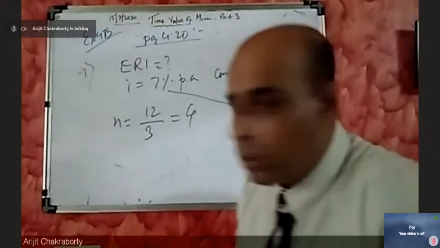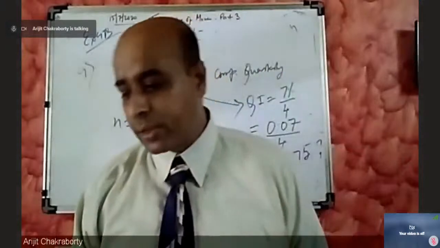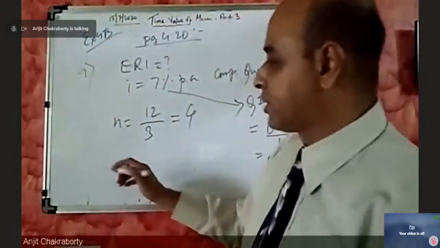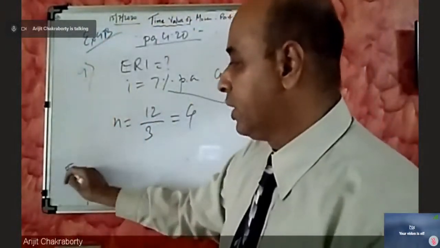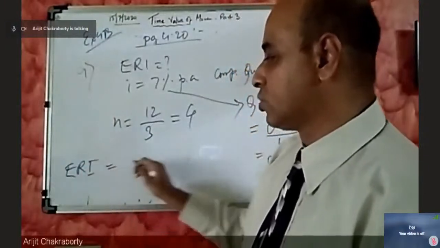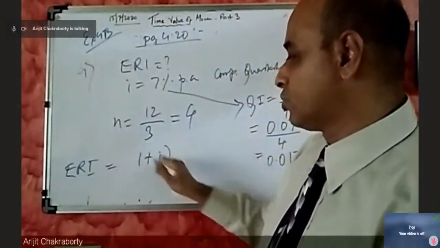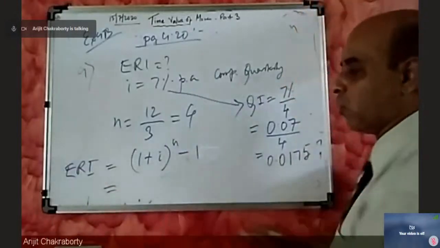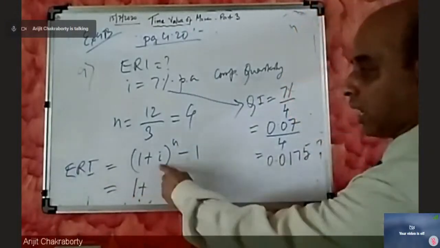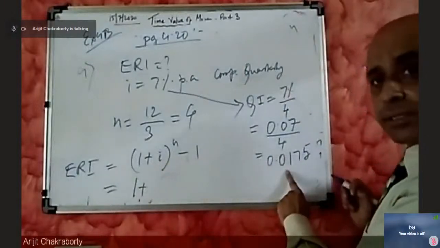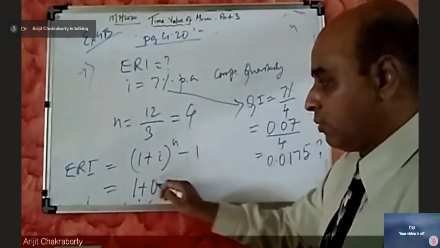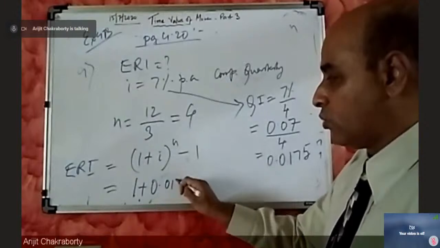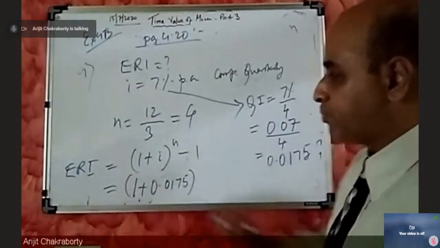Okay, and you know that the effective rate of interest, what is the formula for effective rate of interest? We know effective rate of interest is equal to (1 plus I) to the power n minus 1. So in this case, 1 plus 0.0175 to the power n.